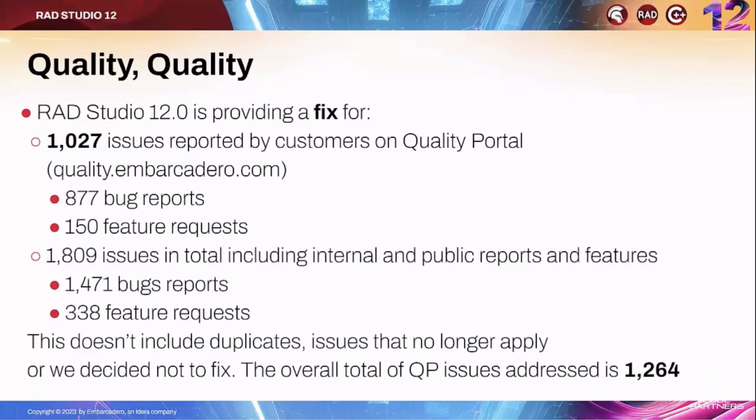Including internal reports, we are almost close to 2,000 issues fixed. This doesn't include duplicates or issues that no longer apply. So if you take the overall number of Quality Portal issues we think we should be able to close in the next few days, that's over 1,200 issues reported by customers that we have resolved with a fix or with some other resolutions, including duplicates or issues that no longer apply because we have implemented the same feature differently.